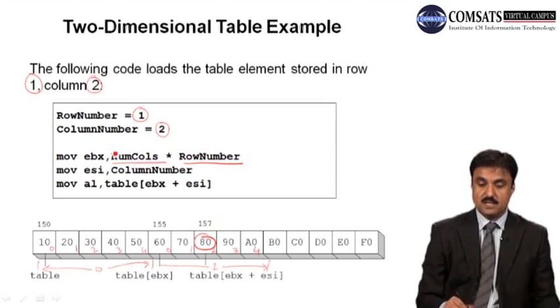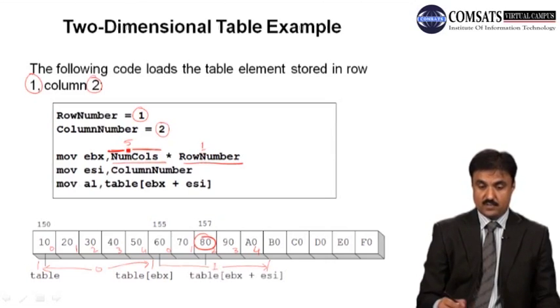The number of columns is a variable which shows how many columns there are. For example, if we have 5 columns, it should be 5, and the row number is equal to 1. So 5 multiplied by 1 will be 5 inside the EBX, and the column number, which is 2, is inside the ESI.